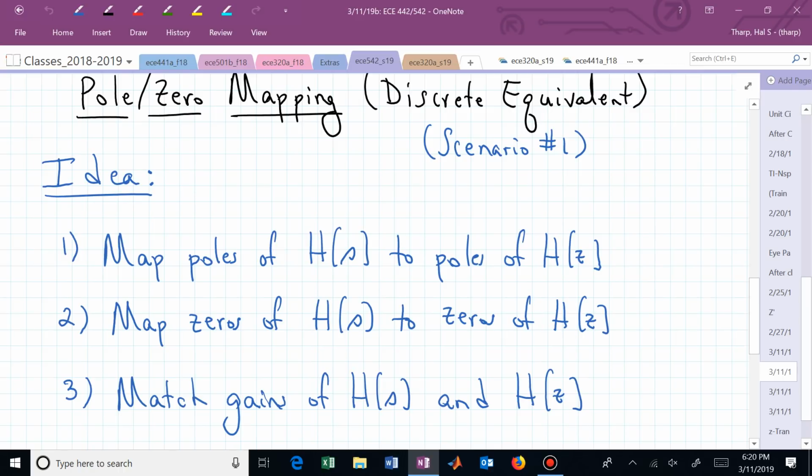If h of s looks high pass in nature, then you match the gains at high frequency. At high frequency, s is going to infinity, but what's z? Where is z going to? Minus 1, and we'll try to help you better understand where that's coming from now.